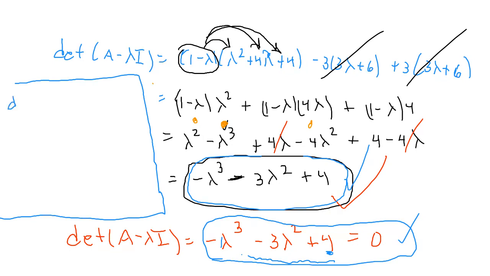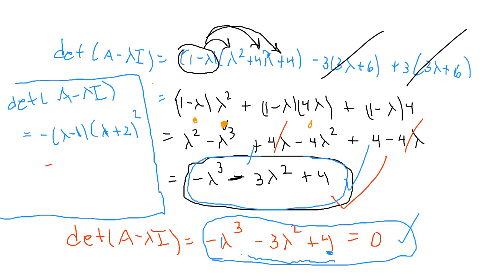But I can tell you that this characteristic equation factors as negative times lambda minus 1 times lambda plus 2 quantity squared.